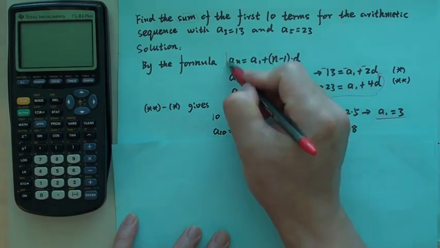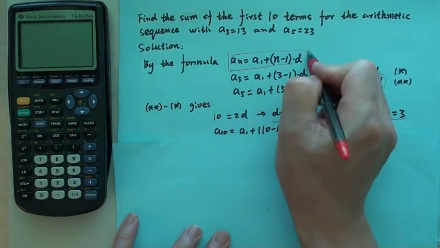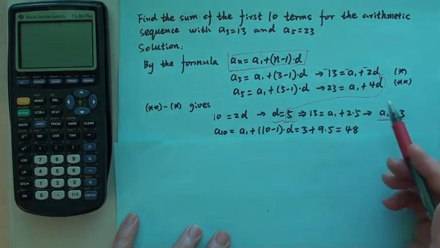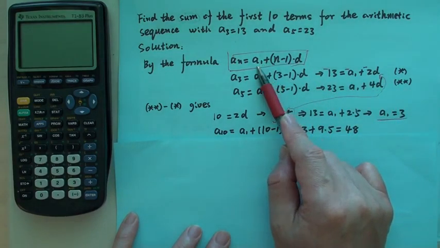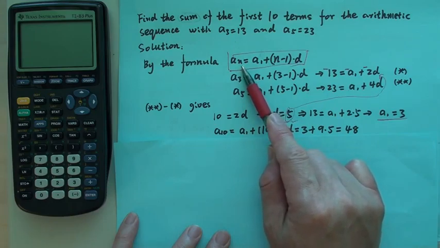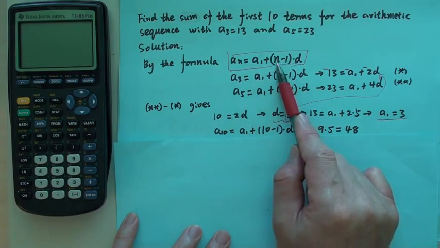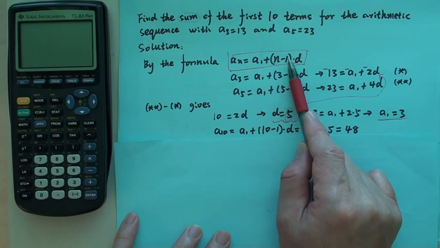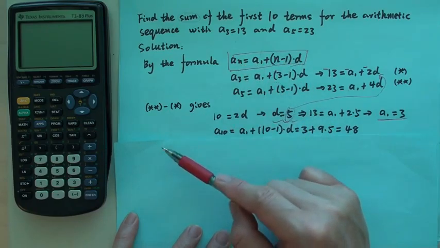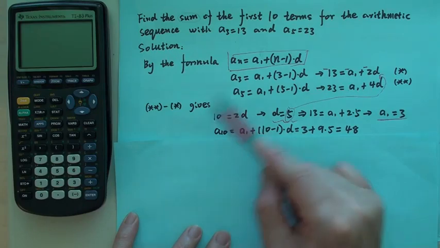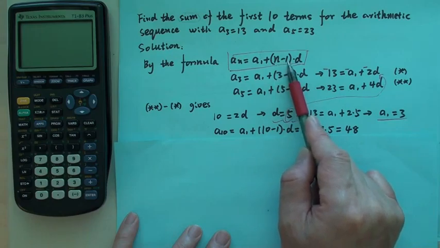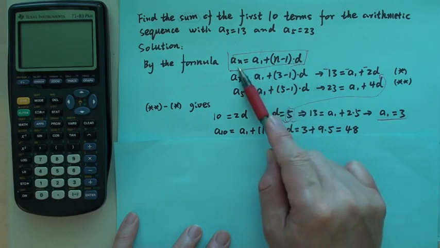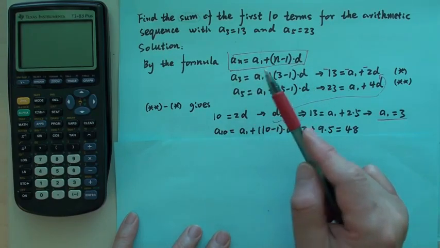Again, this formula you want to put in your mind. Starting with the first one, if here is 1, what happens? n is 1, 1 minus 1 is 0, 0 times d, so you add no difference and you have a1 equals a1. If you add 1 difference, here has to be 2, and 2 minus 1 will be 1 difference, so you'll get the second term.